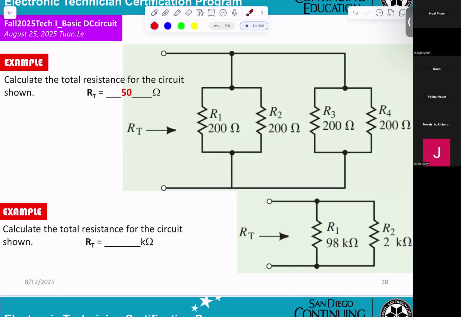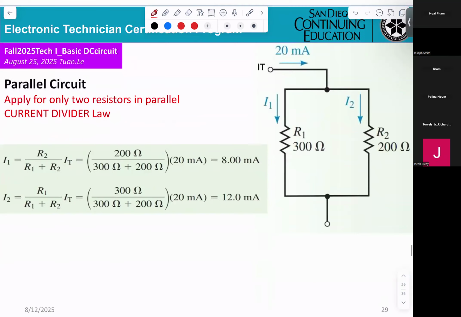Now, I want you to give me the answer on this one. 98K parallel to K. What do you get? 1.96. 1.96. Gee, you guys do it quickly. Right? Yep. Okay. What else?